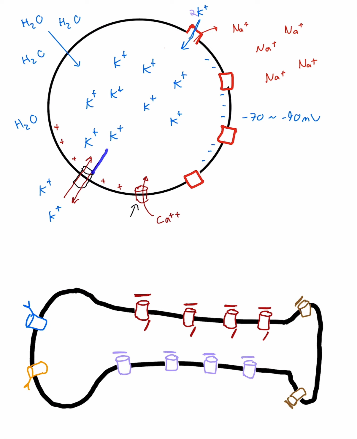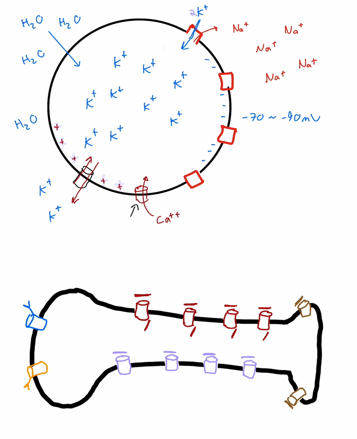So potassium's moving out with full force, but the drive for something with a positive charge to move towards something that's now more positive, because I changed the membrane potential, is less. So I can erase part of this arrow, and you can see that the movement out is pretty strong, but the movement in isn't quite as strong. So the net movement of potassium would be out of the cell when the membrane potential becomes more positive.